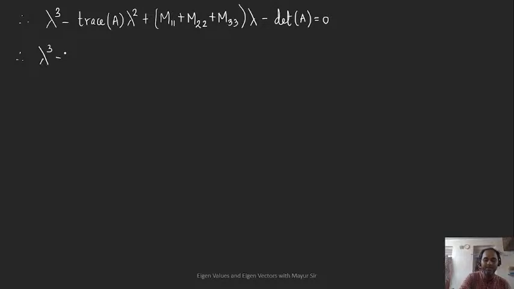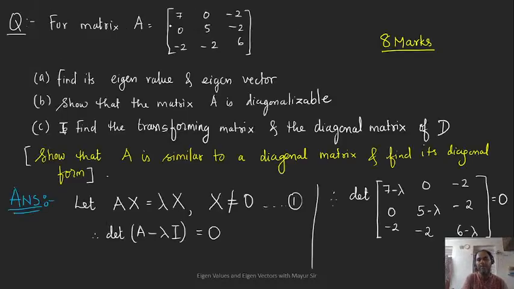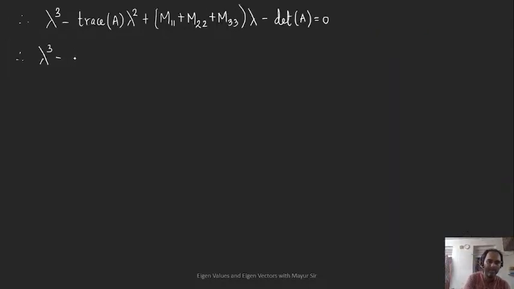Now, what is the trace we have to calculate? Let us see the matrix. The trace is the total of the diagonal elements: 7 plus 5 plus 6, so 12 and 6, 18. 18 is the trace.